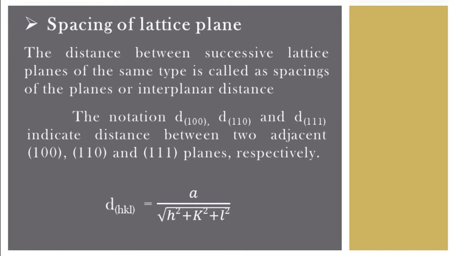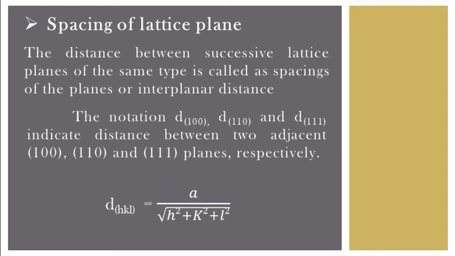Spacing of lattice planes. The distance between successive lattice planes of the same type is called the spacing of the planes, or also the interplanar distance. The notations d100, d110 and d111 indicate the distance between two adjacent 100, 110 and 111 planes respectively.